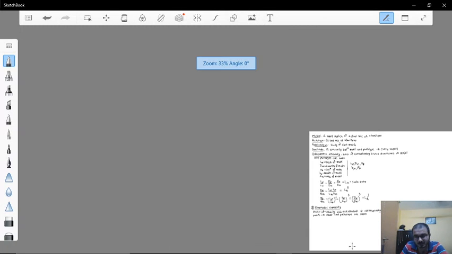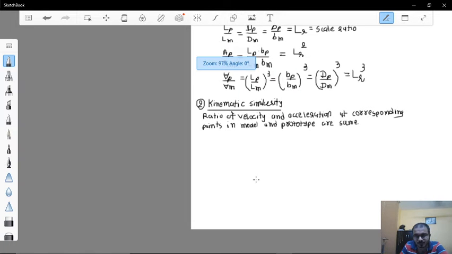So let us say Vp1 is the velocity of prototype at its point 1, and Vm1, that is the velocity of model at corresponding point 1, which will be equal to velocity of prototype at corresponding point 2 divided by velocity of model at corresponding point 2, that is equal to Vr.